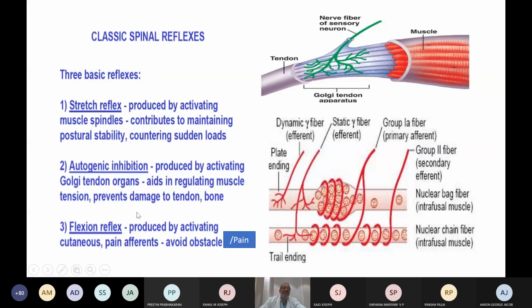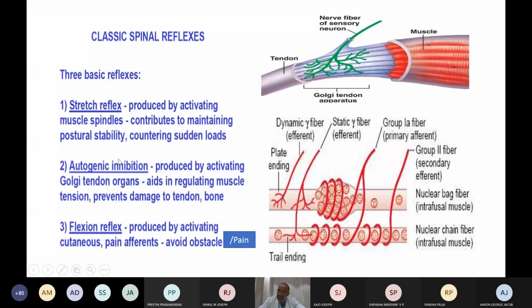What is stretch reflex? It is produced by activation of the muscle spindle, contributing to maintenance of postural stability and countering sudden loads, so that it can overcome the sudden loads.